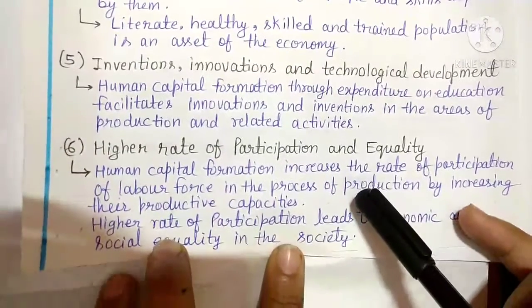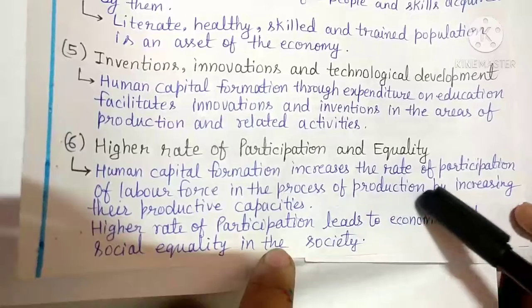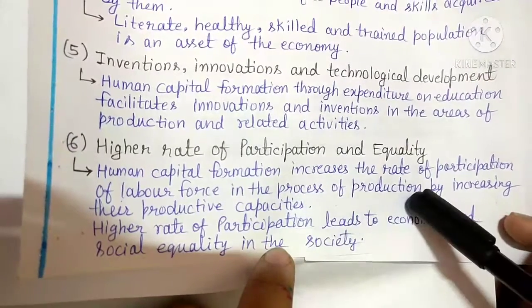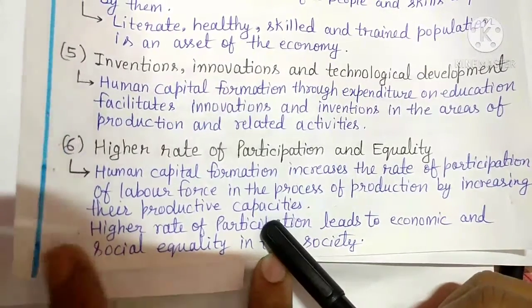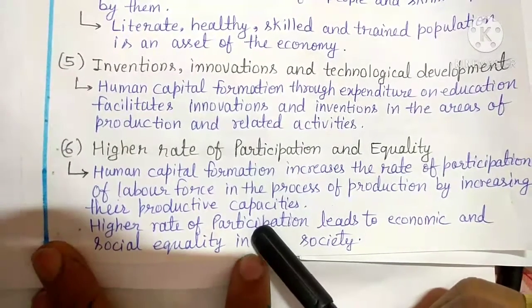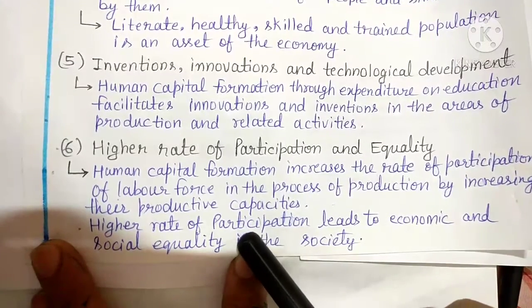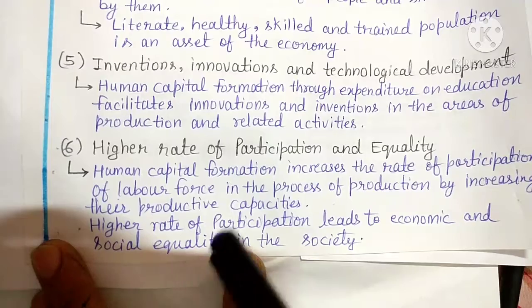Then comes higher rate of participation and equality. See, human capital formation increases what? The rate of participation of the labor force in the process of production. How? By increasing their productive capacities. Because of training and new technology, the people who earlier worked in a company producing some tons are now producing more tons.